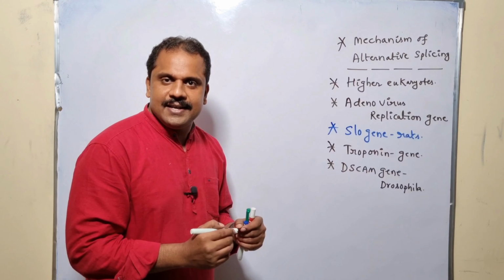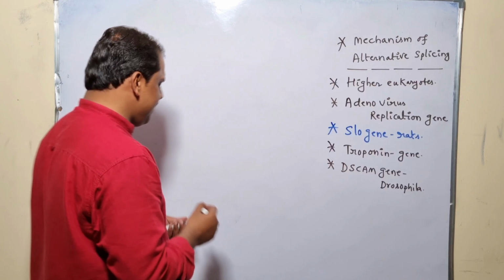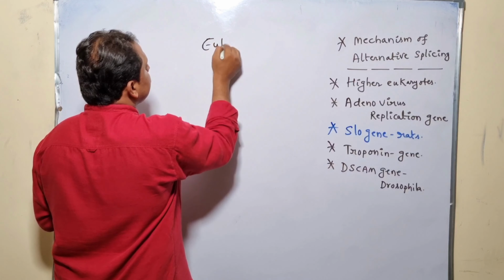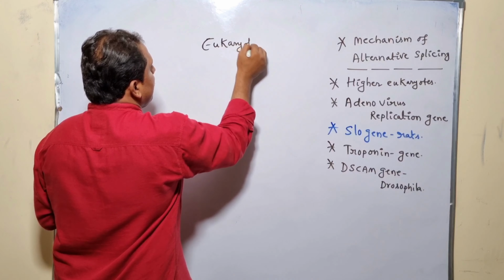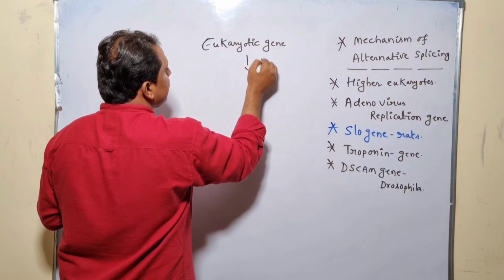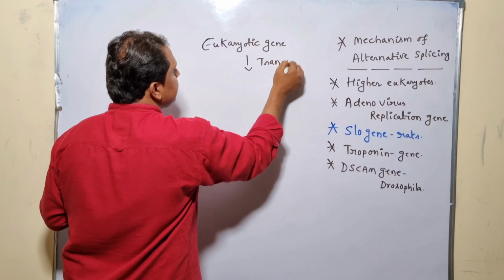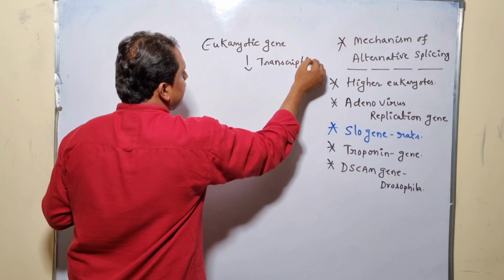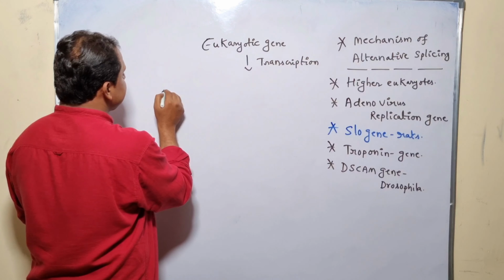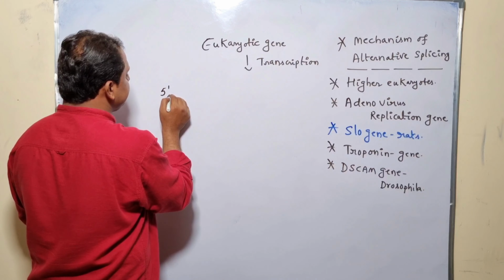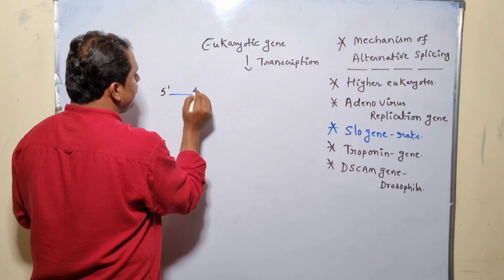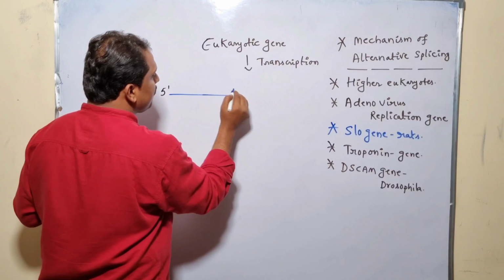So for your better understanding, let me present it on the board. So here, let us consider one eukaryotic gene. When the eukaryotic gene undergoes expression during the transcription mechanism, is it clear? It synthesizes a primary transcript. The primary transcript is an association of both the coding and the non-coding sequences, right?